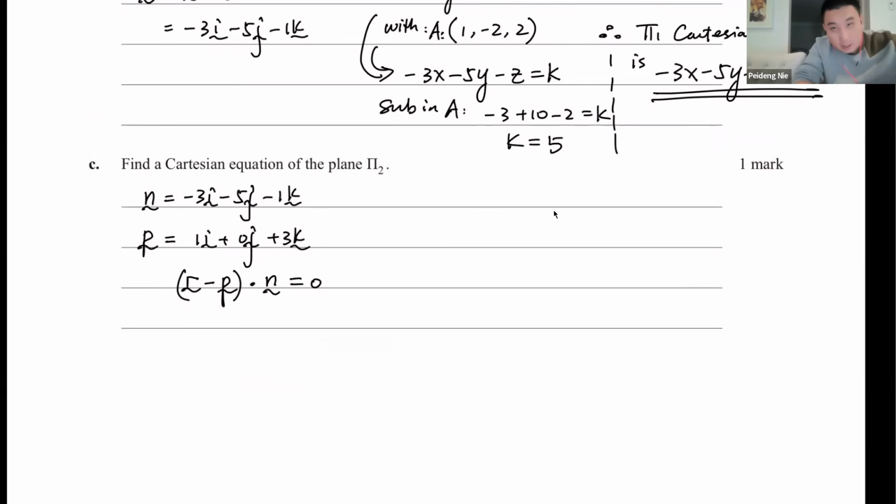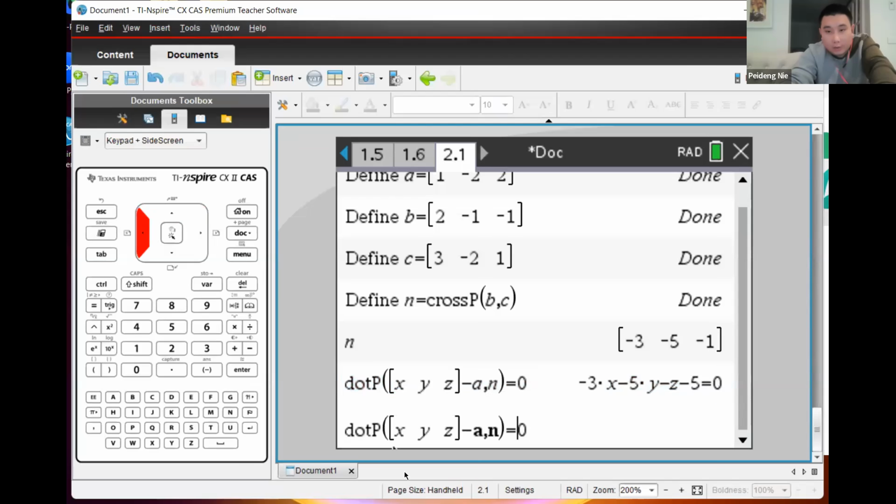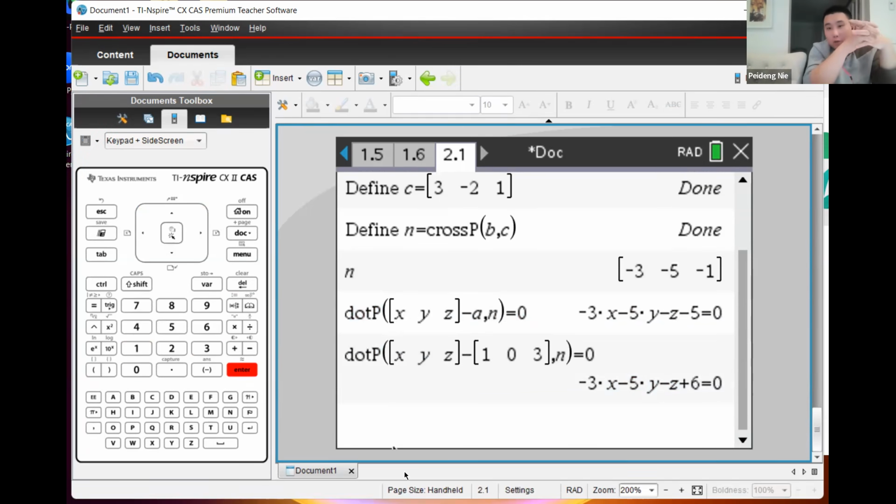So now I'm using my calculator again. What I'm using is still the previous line, but now I'm no longer using a, I'm using p, which is 1, 0, 3. So now you should have minus 3x minus 5y minus z plus 6 equals to 0. All right, just jot down that answer.